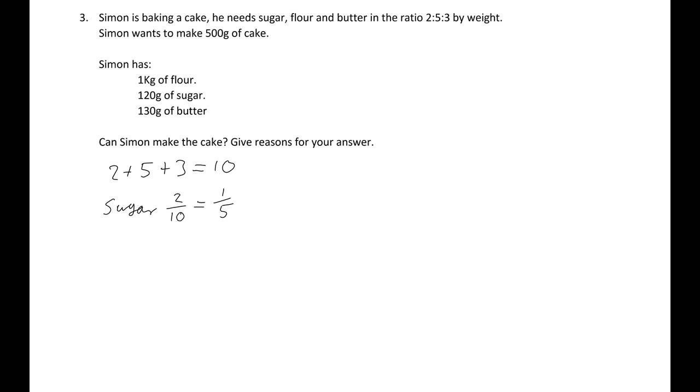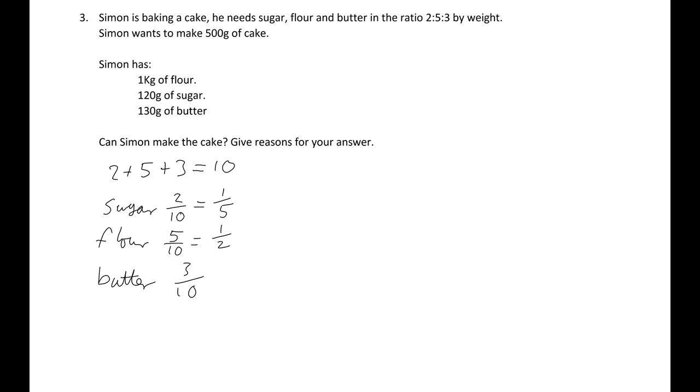Our next one is flour, and the flour is 5/10, which simplifies to a 1/2, and finally our butter is 3/10, which we can't simplify. So those are the fractions of the cake that we need.